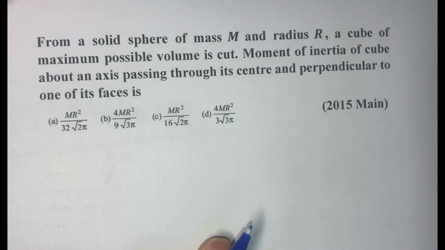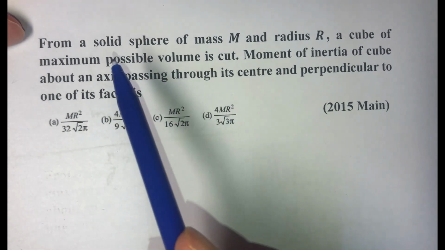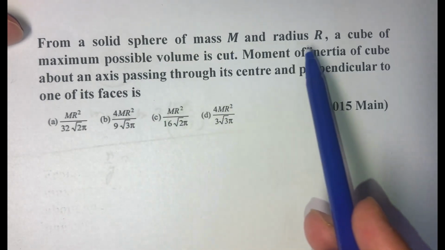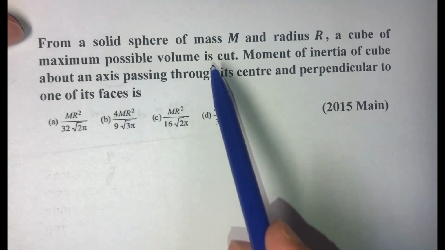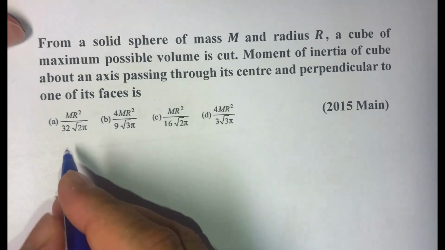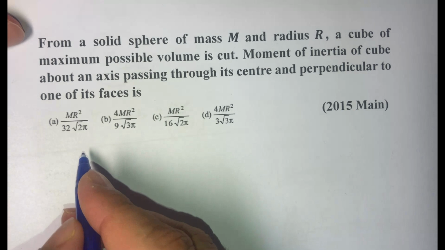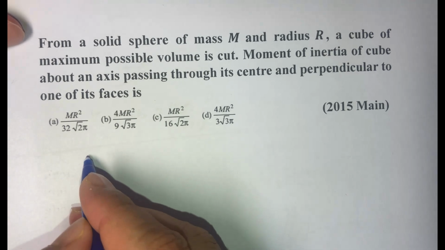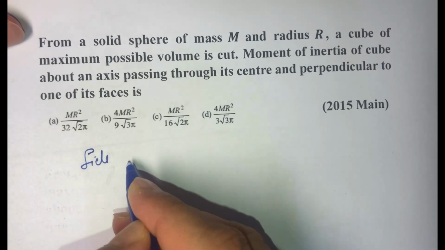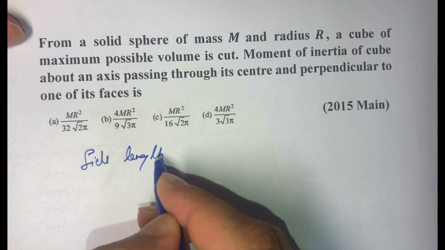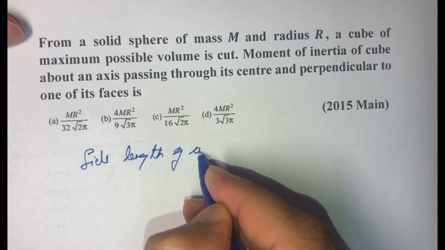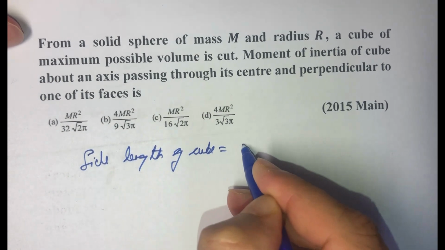So in this case it is given that from the sphere of mass m and radius r, a cube of maximum volume is cut. So let us say that the side length of cube is given as a.